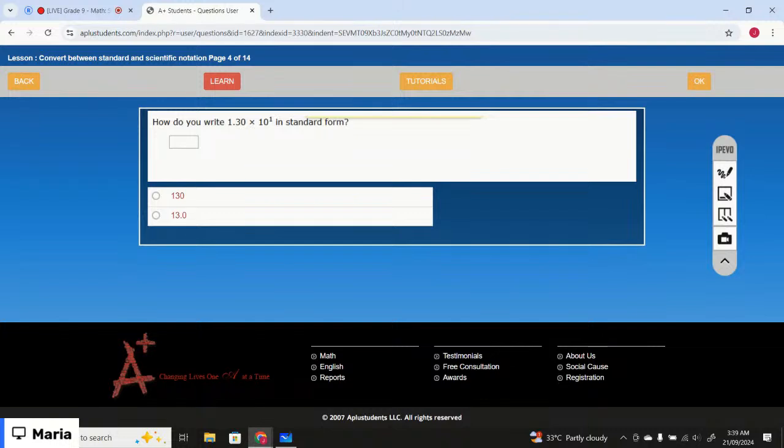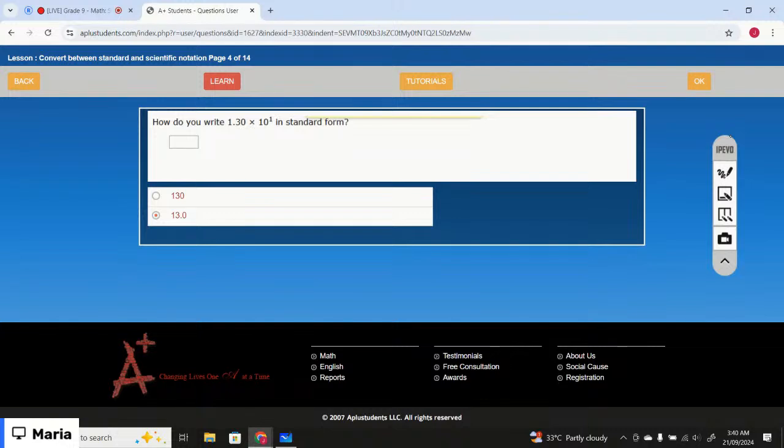How do you write 1.30 times 10 exponent 1 in standard form? So which is the correct option? The correct option is option number 2, right?